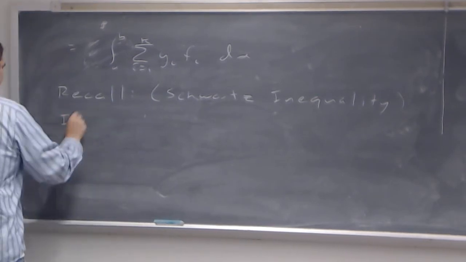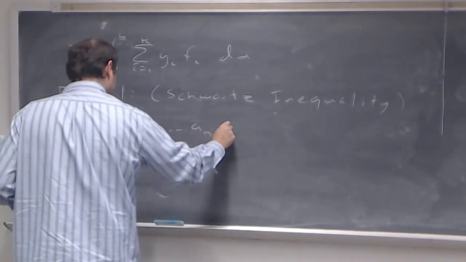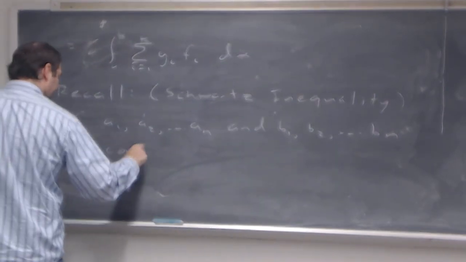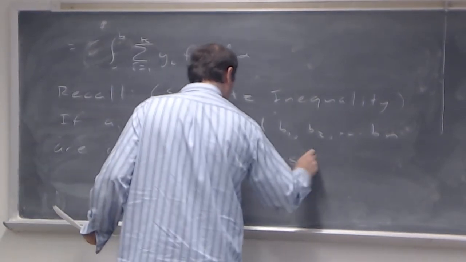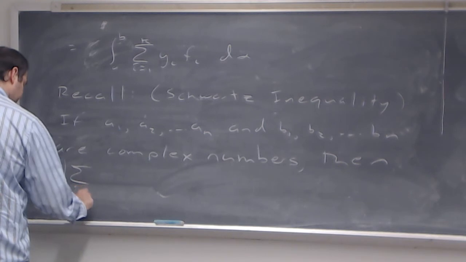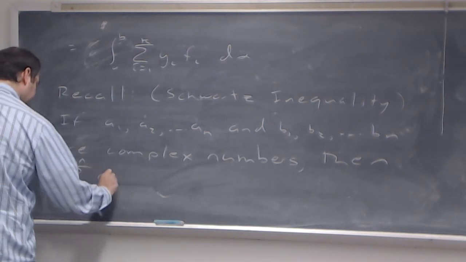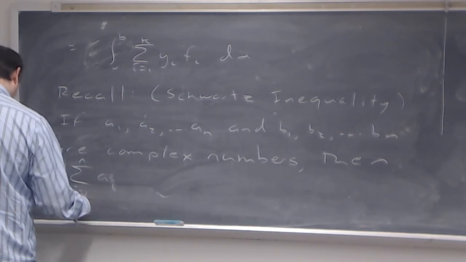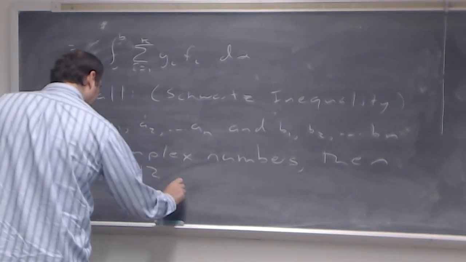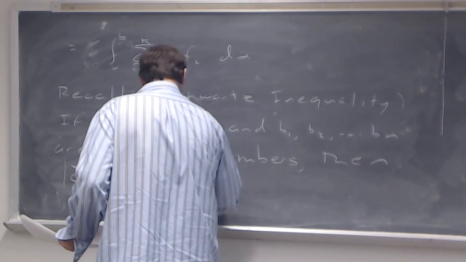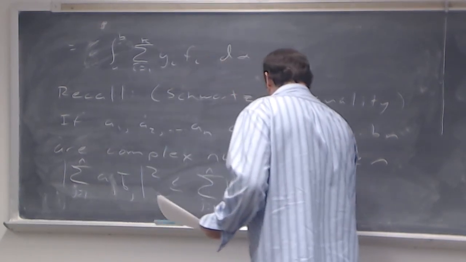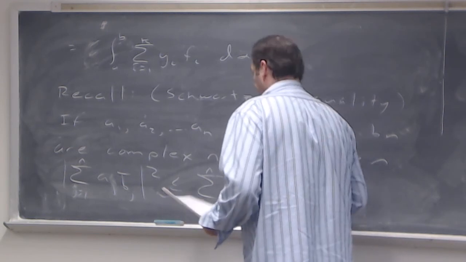It said this: if finite sequences a1, a2 up to an, and b1, b2 up to bn are complex numbers, then the norm of the sum as j runs from 1 to n of a sub j times b sub j's conjugate, that guy squared, will be less than or equal to the sum as j runs from 1 to n of the norms of a sub j squared, times the sum as j runs from 1 to n of the norms of b sub j squared. And that's what we're going to use.